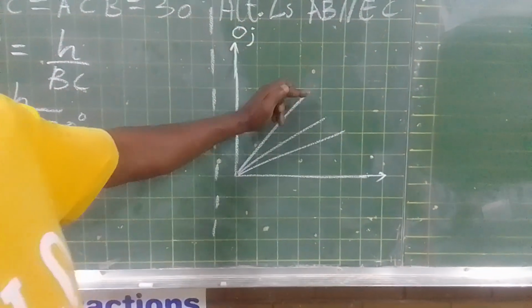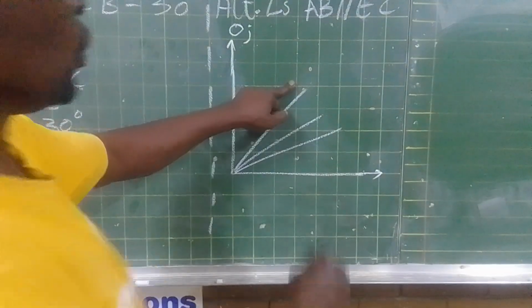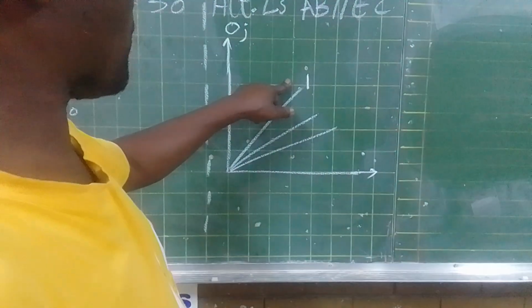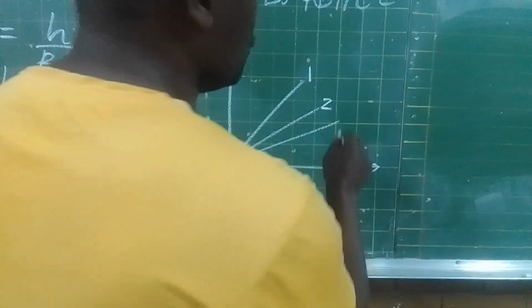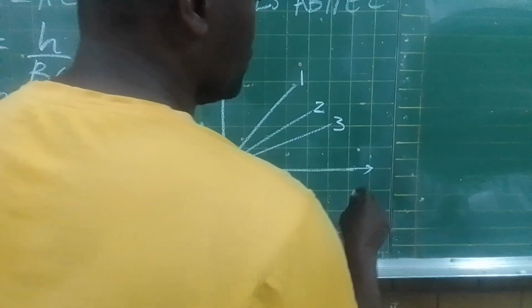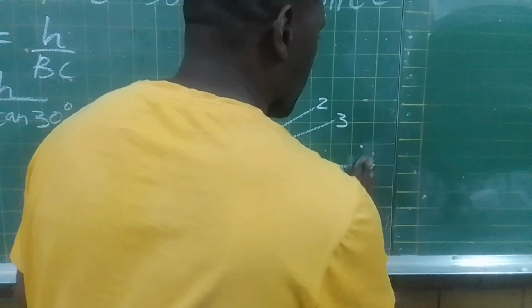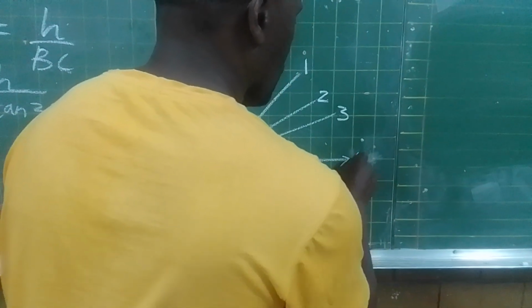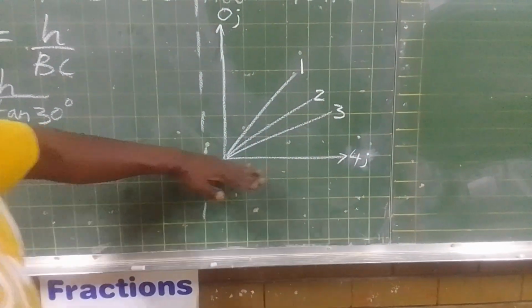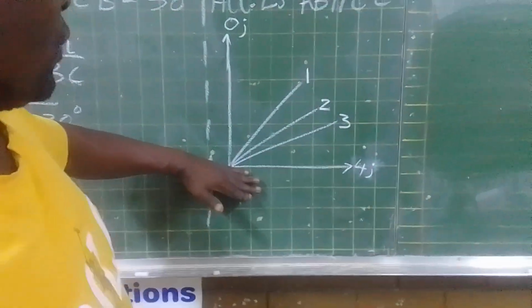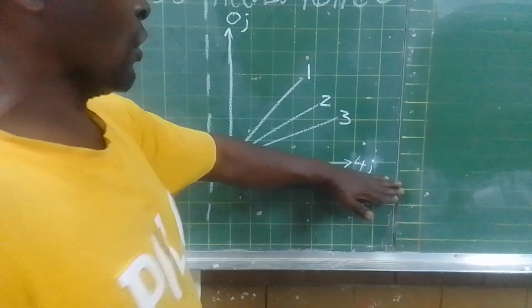You move to the next one. From 0 you go to 1, from 1 to 2, from 2 to 3, from 3 to 4. You start here again. The value of y here is 0.